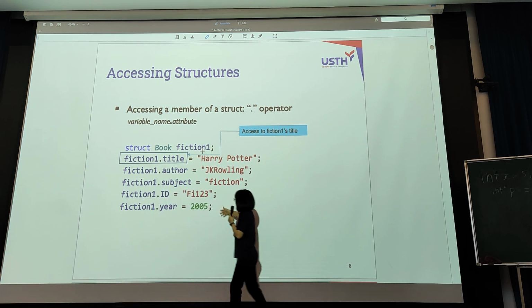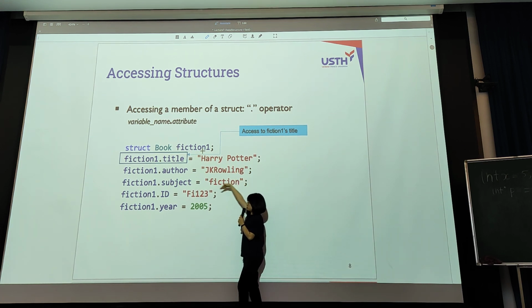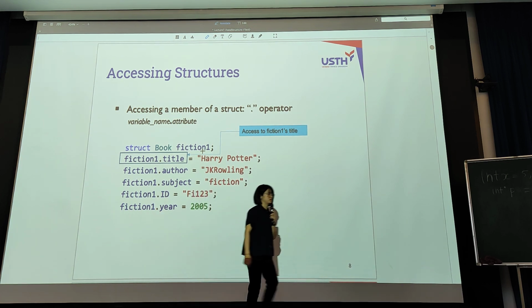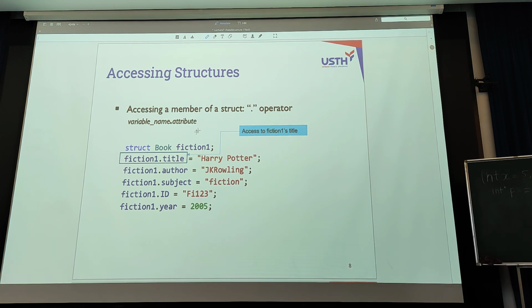And in this example, you assign the information, the value, for each of these small pieces of information of the variable fiction1. The same if you want to print out the title of fiction1.